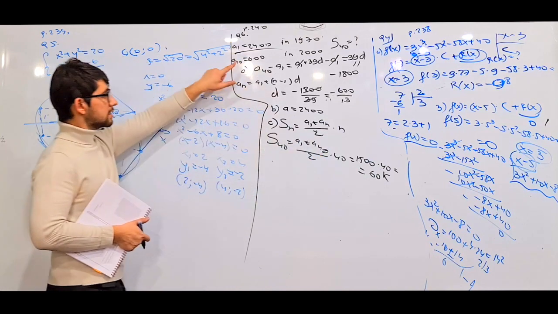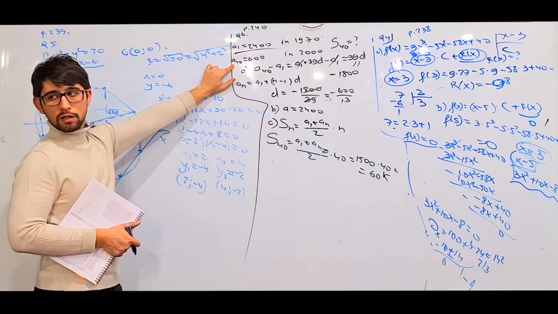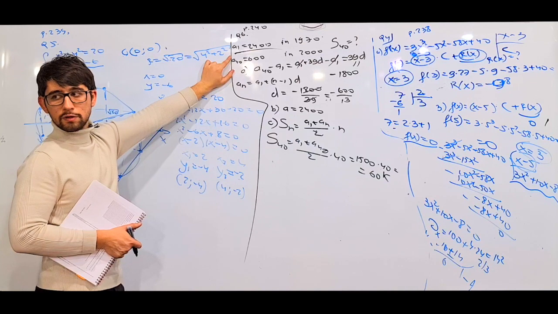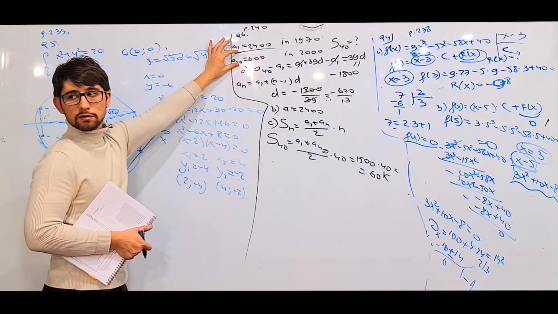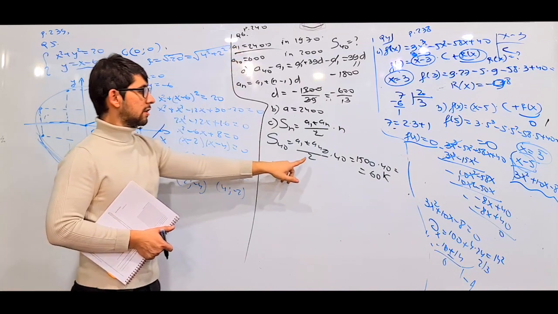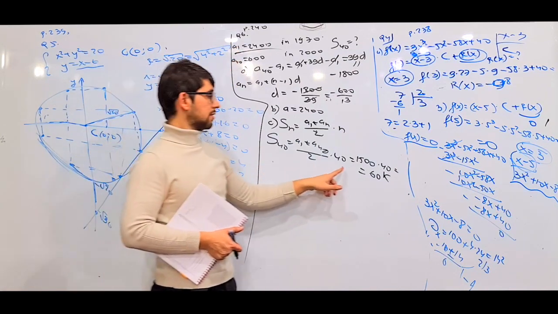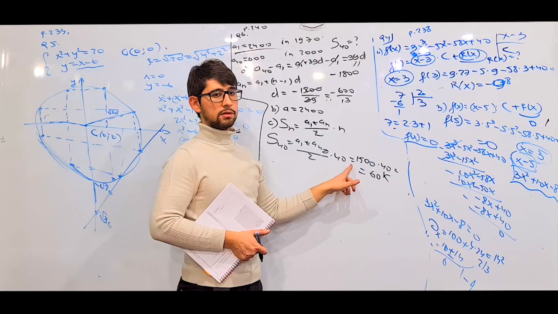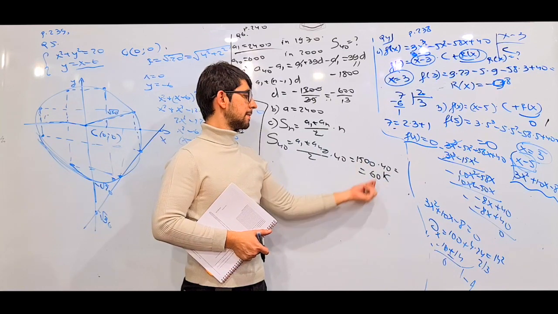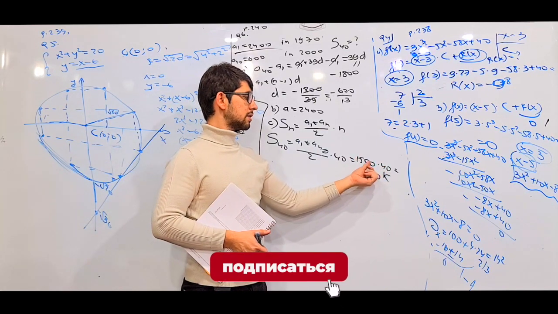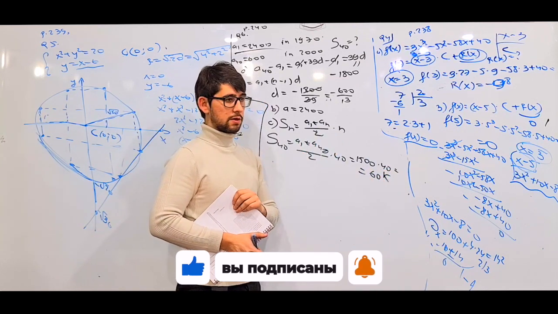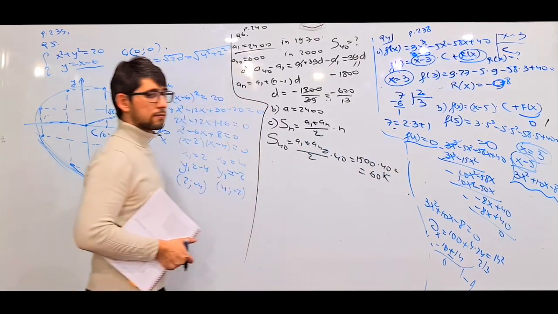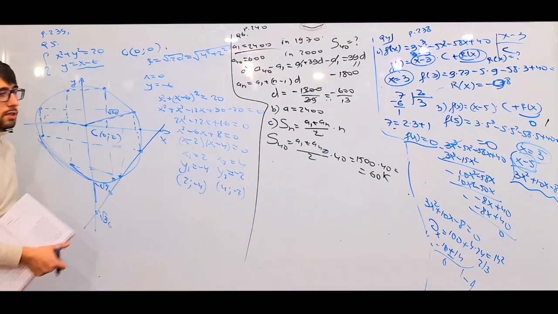We know a40 is 600 and a1 is 2,400. If you add them, you get 3,000. 3,000 divided by 2 is 1,500, and you multiply it by 40. 15 multiplied by 4 is 60, then three zeros. K means 1,000. Kilo, taken from physics, 10 to the power of 3. Kilogram.